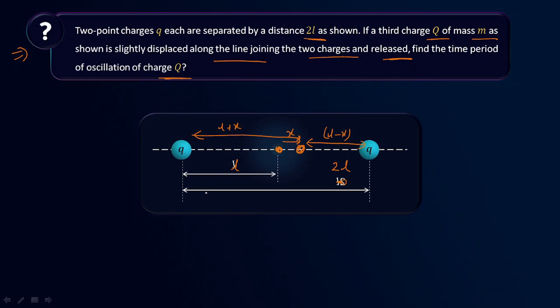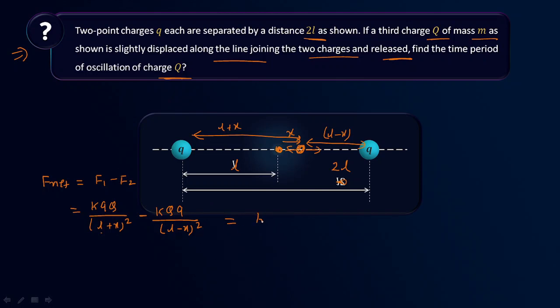So from here now we can find the F net, and the direction of force is, due to this it will be in this direction and in this direction. So F1 minus F2, right? So we can write F net equals F1 minus F2. F1 is KQ divided by (L plus x) square minus KQ divided by (L minus x) square, like this, right? Now if you simplify this, we will have (L plus x) square into (L minus x) square.